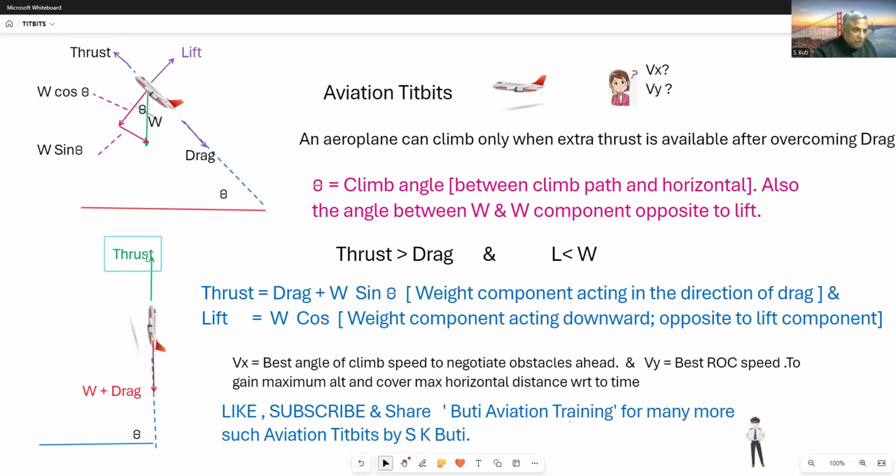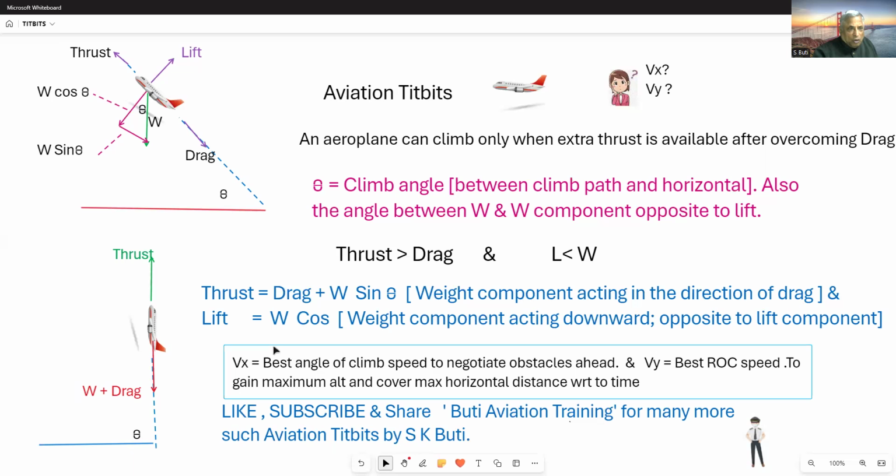By now you must have learned that every aircraft does not have this brute thrust. So those of you who do not have the brute thrust available, which is to look after weight plus the drag also, never attempt a vertical angle of climb.